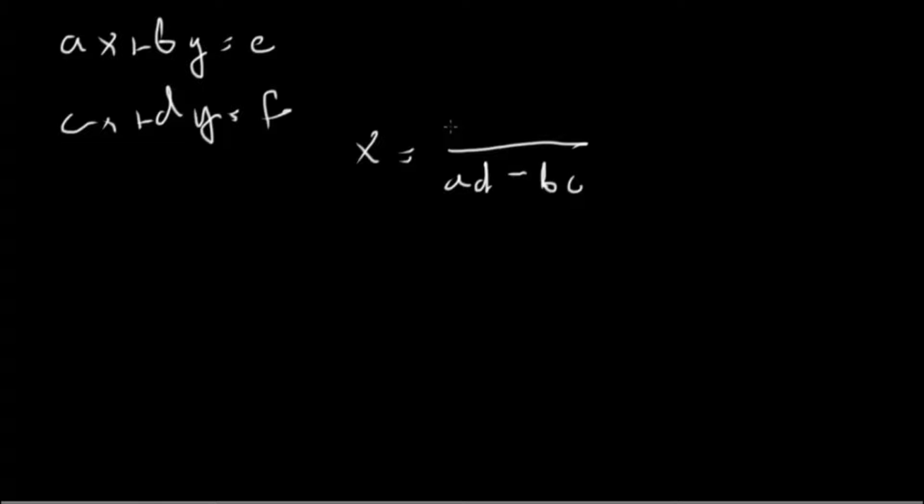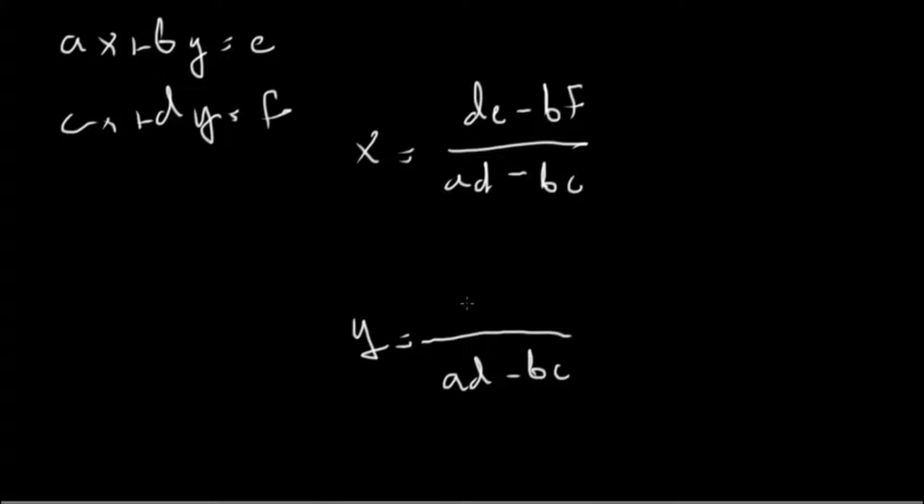The numerator for x was DE minus BF. Down here for y, we had the exact same denominator, AD minus BC. Right, this is for all systems of equations. The denominator is the determinant of the coefficient matrix. The numerator for y is AF minus CE.